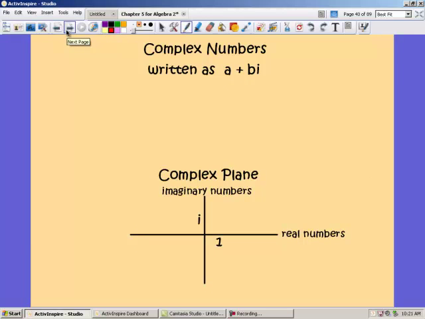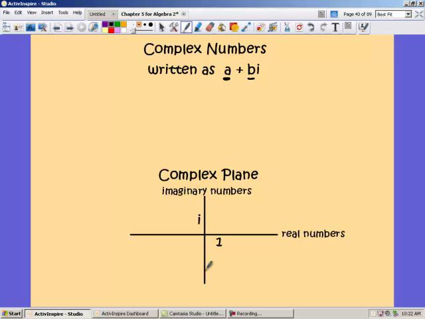Now we can also graph complex numbers, and complex numbers will always be written in the form of a plus bi, where a will be a number and b will be a number. And just like our regular coordinate system, we have an x and y axis, but instead of having a number for the y-axis, this is going to be our imaginary number axis.